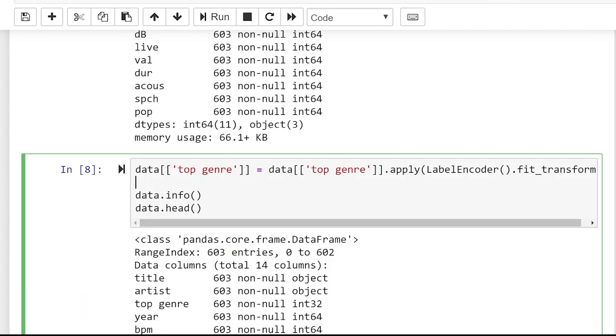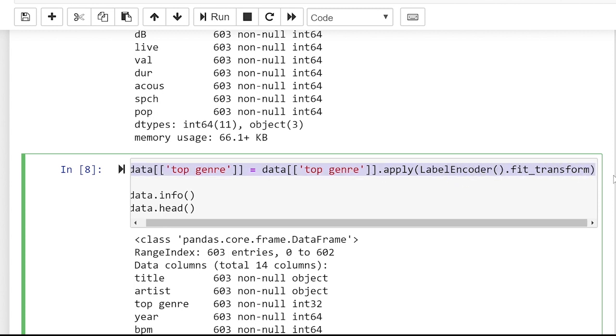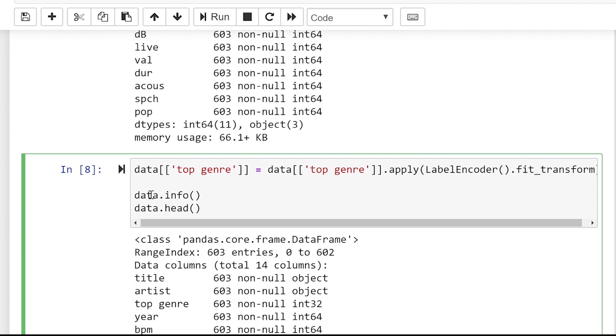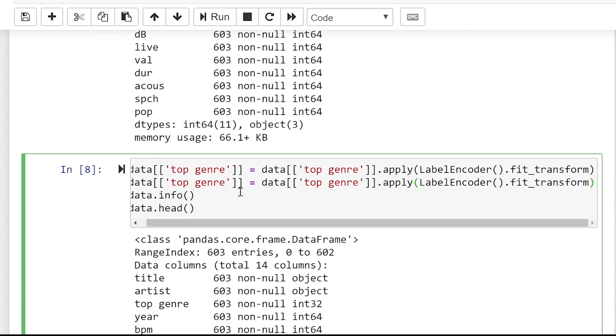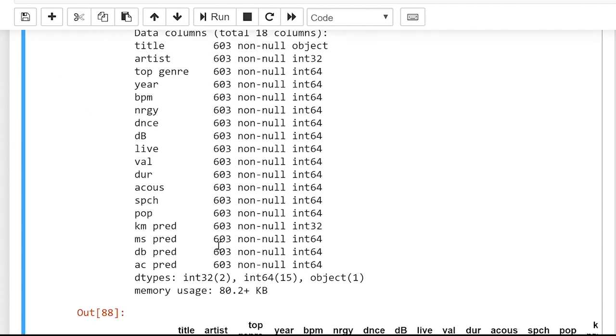Another thing I want to do: I think the artist is important. So let's encode the artist with label encoding. That's artist over here. Cool.